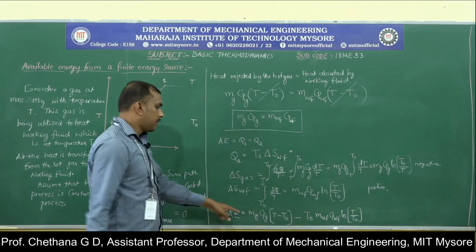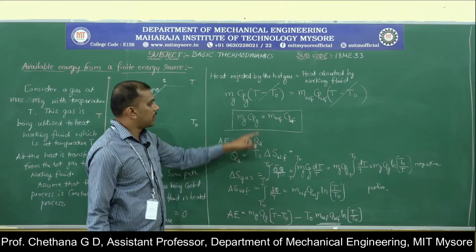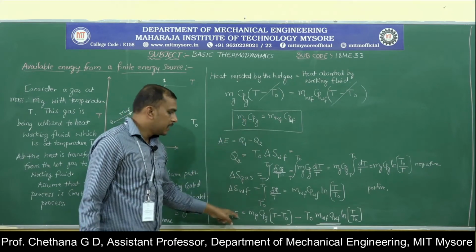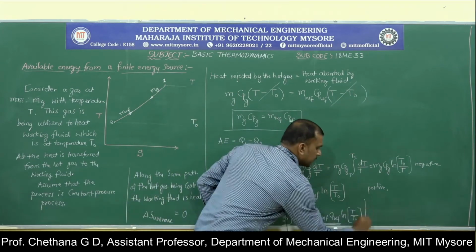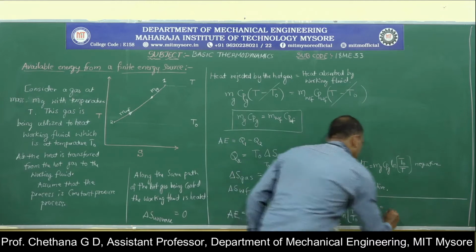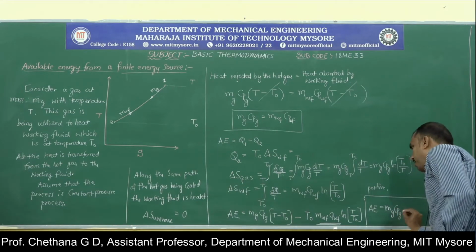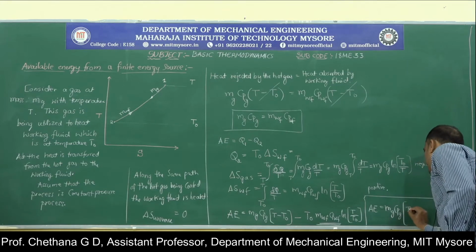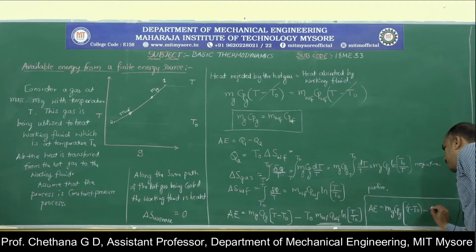Or you can simplify this, because mw cpw is equal to mg cpg. So if you substitute that, you can take the common of this. What we are going to get is available energy will be equal to, take mg cpg common, you have T minus T naught minus T naught into ln of T by T naught.